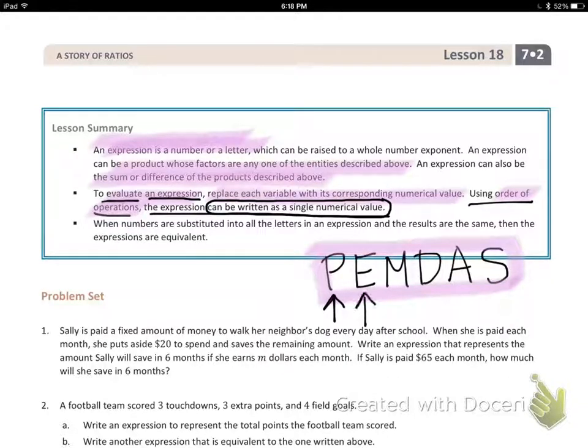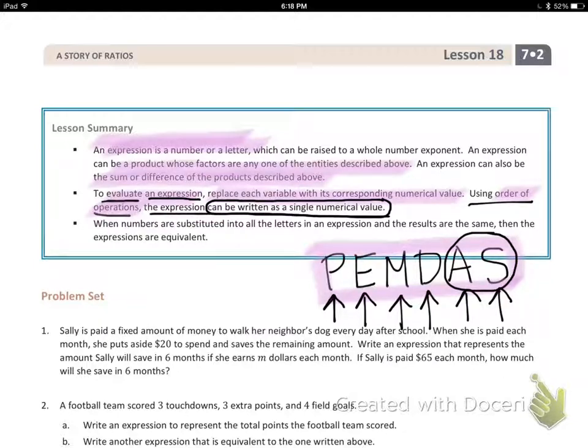E is exponents. M is multiplication. D stands for division. A stands for addition. And S stands for subtraction. These last two generally you can switch around. It could have been PEMDASA, but PEMDAS just sounds a lot nicer, easier on the tongue. Like I said, the last slide in this lesson will have those written out, if you want to pause it there and write those down in a notepad somewhere.